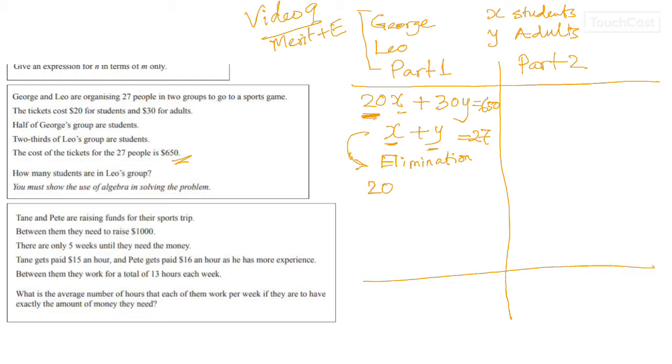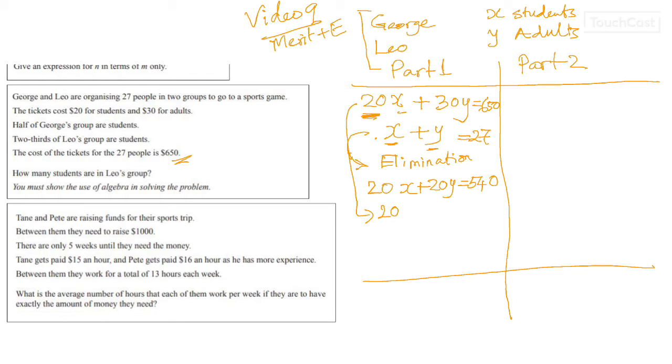If I multiply this one by 20, that'll give you 20x plus 20y, and if I multiply 27 by 20, that'll give me 540. I'm going to rewrite this.